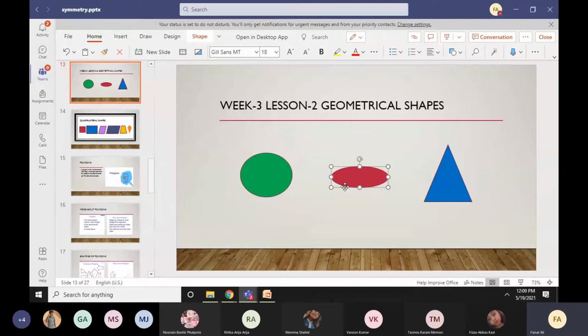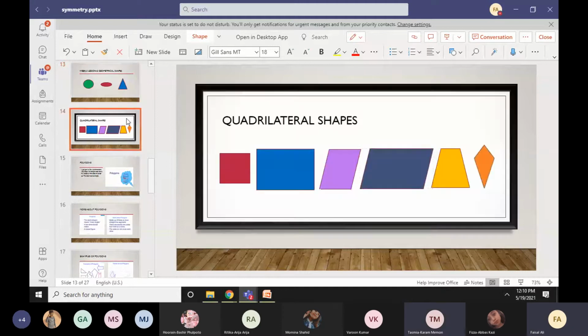Only those figures which have straight lines are polygons, like here is the triangle. The triangle has three sides, all three sides have straight lines and the figure is closed, so we can say the triangle is called a polygon. And all other quadrilaterals, here you can see all these figures are polygons. Understand? Also, we can say square.